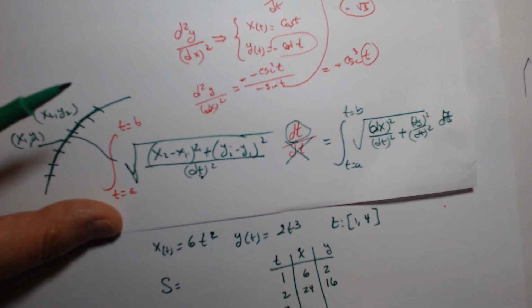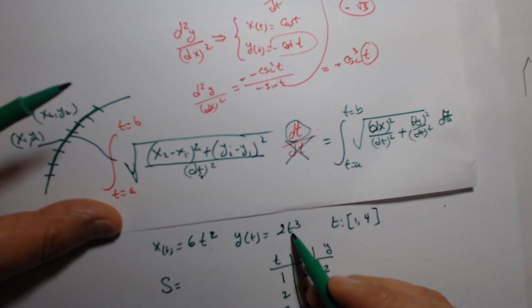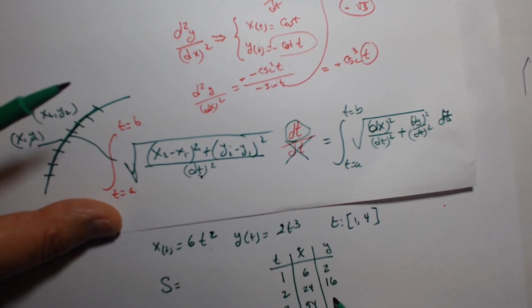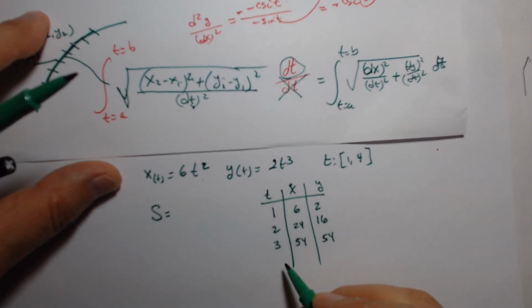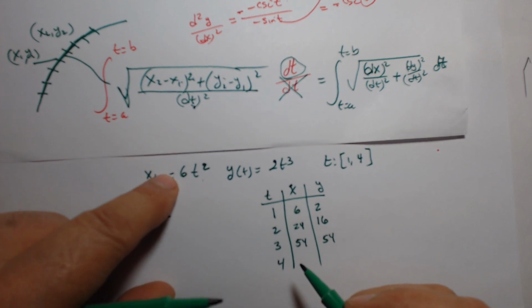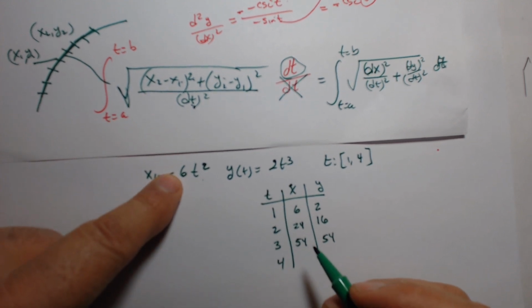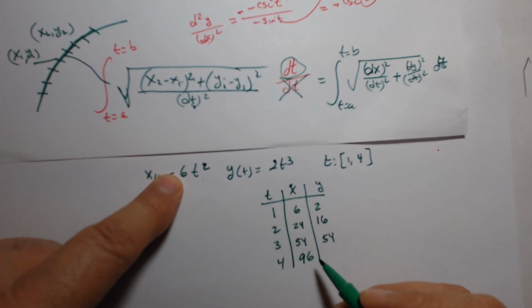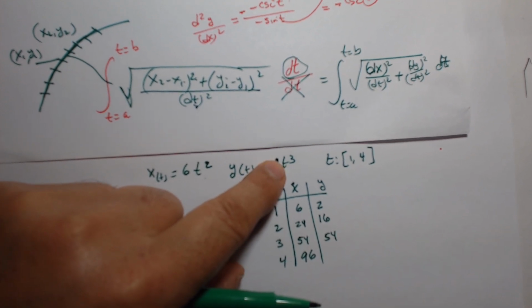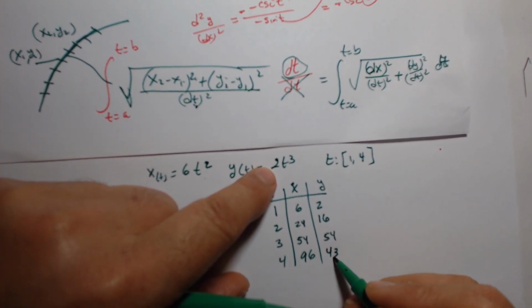When t is 3, 9 times 6 is 54, and 3 cubed is 27 times 2 is 54. And when t is 4, 16 times 6 is 96, and this is 216, making 432.